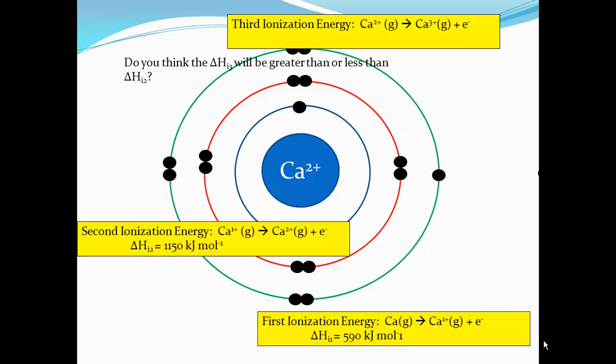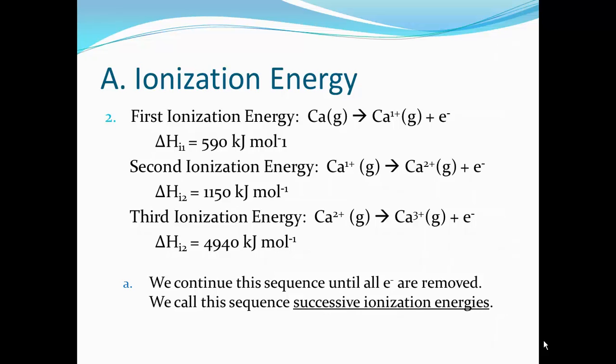What do you think the ionization energy would be? It would be greater or less than the second ionization energy. And again, the pattern shows it's going to be greater, and it's a lot greater. You're almost 5,000 kilojoules per mole compared to 1,100 from the second ionization energy.